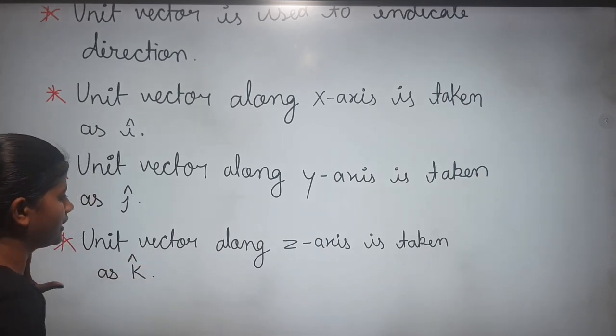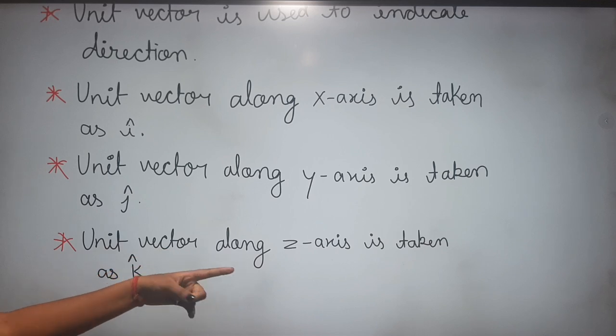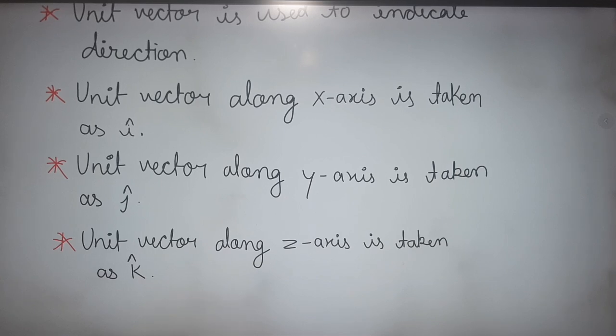The unit vector along the x-axis is taken as i cap, along the y-axis as j cap, and along the z-axis as k cap.